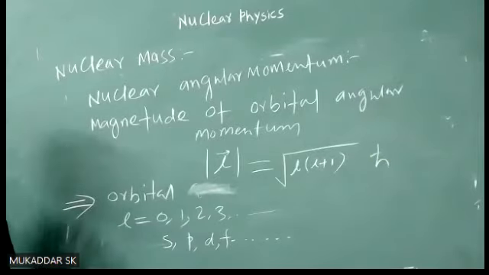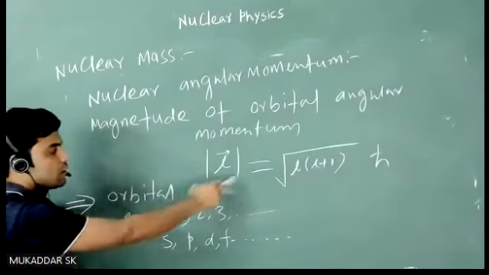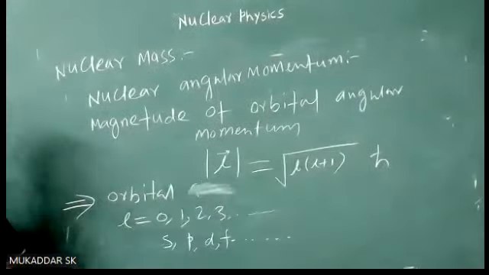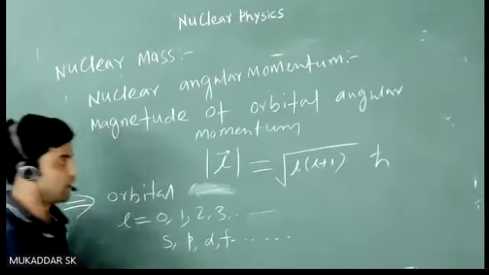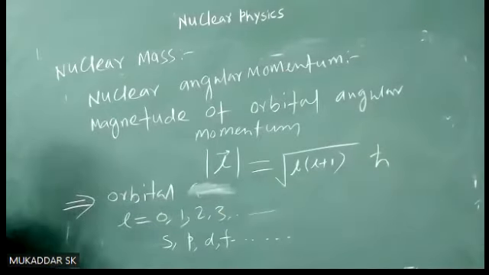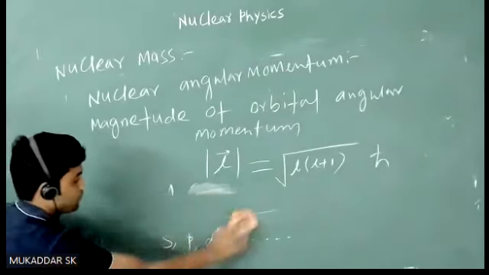So for different nucleons, you can easily calculate the magnitude of orbital angular momentum from this equation. Here l is the orbital quantum number.